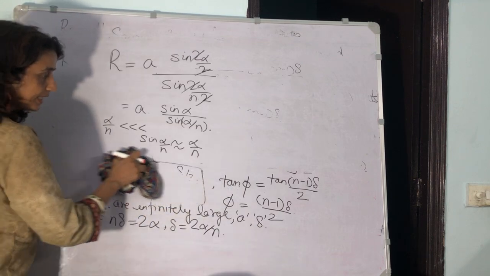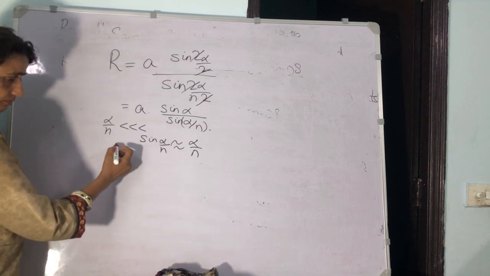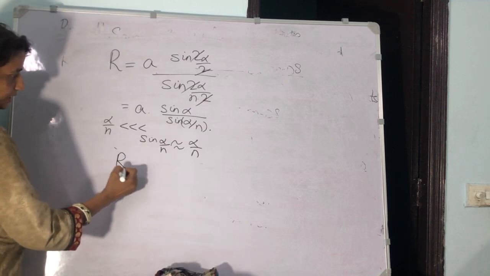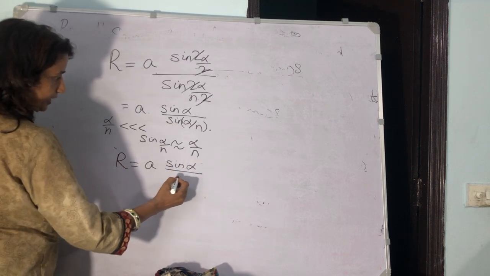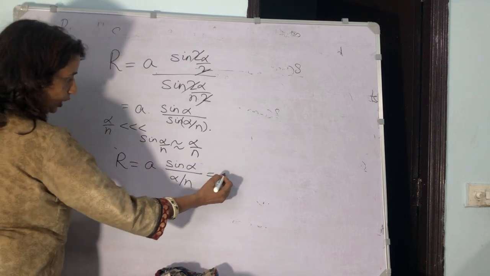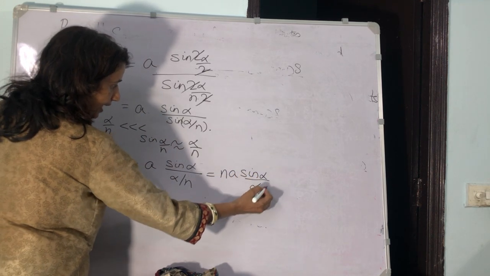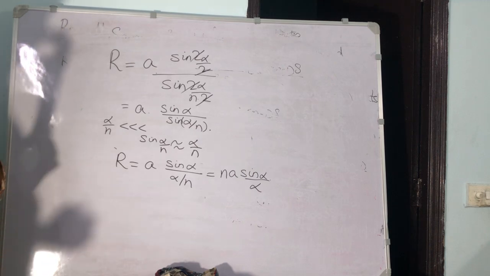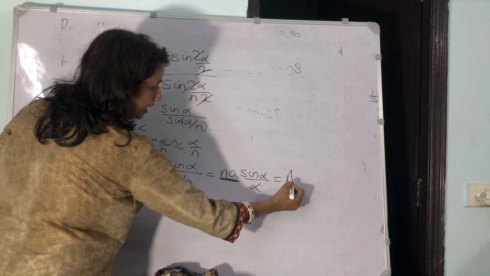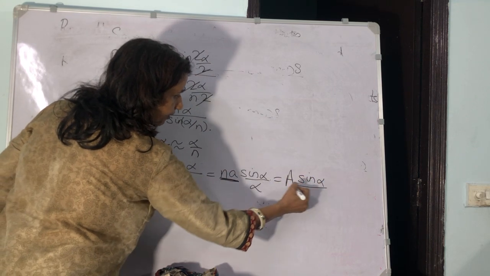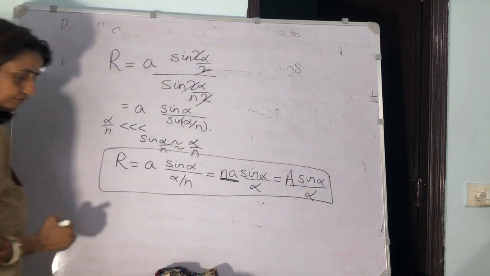So putting this value in the above expression, we get resultant R is equal to a sin α divided by α upon n, which is na sin α by α. na can be taken as the resultant of all amplitudes, so it becomes A sin α by α, another way of writing the formula.